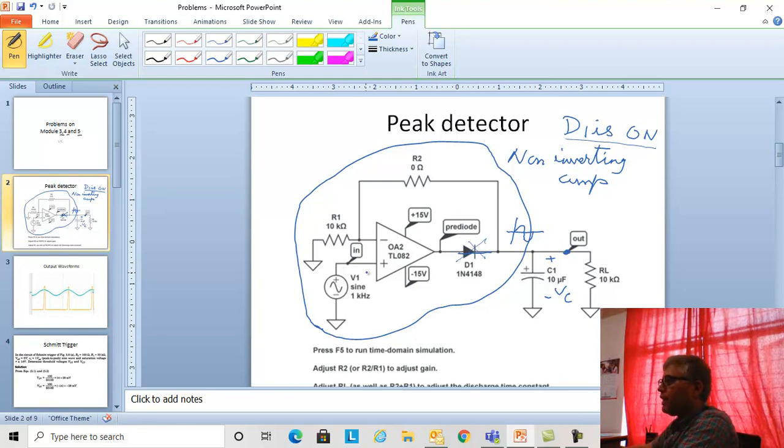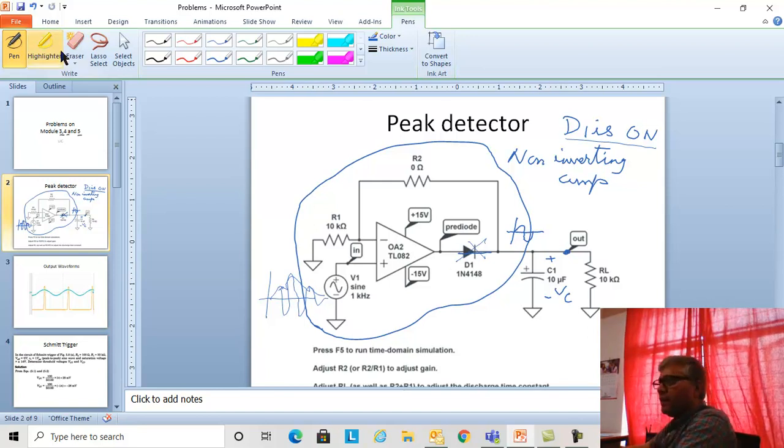What you might have studied earlier is that if you give a very random signal like this, going up, down, up, down, your capacitor will go like this, then it traces the path like this and falls down, and then again traces up and falls down. You know this one.